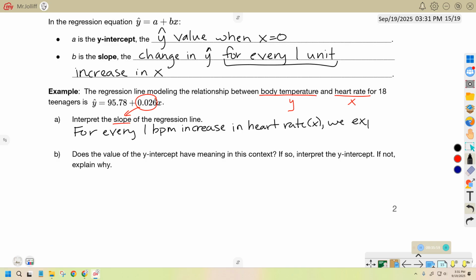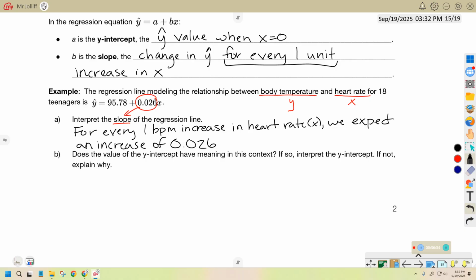we expect a, and then I have to make statements about the slope. I need to know the number and I need to know the sign. Is the slope positive or negative? Positive means my line is increasing. So as X increases, I expect an increase of 0.026.